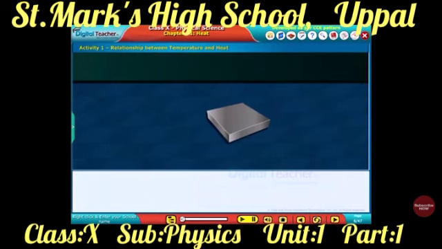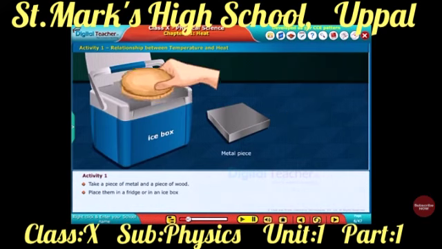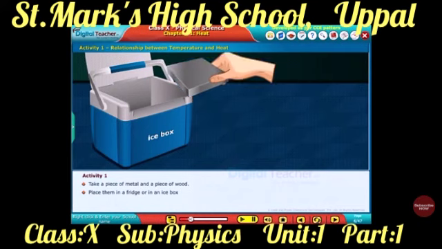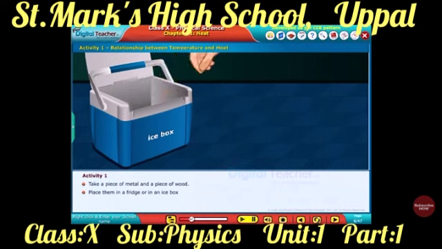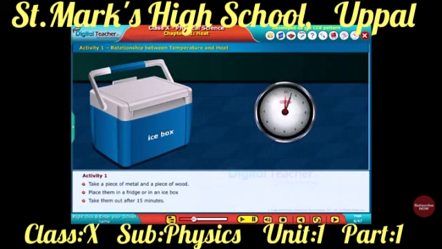Let us perform an activity for relationship between temperature and heat. Take a piece of metal and a piece of wood. Place them in a fridge or in an ice box. Take them out after 15 minutes.